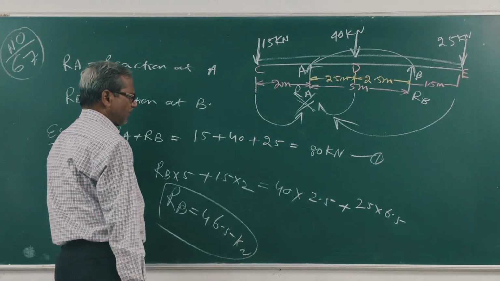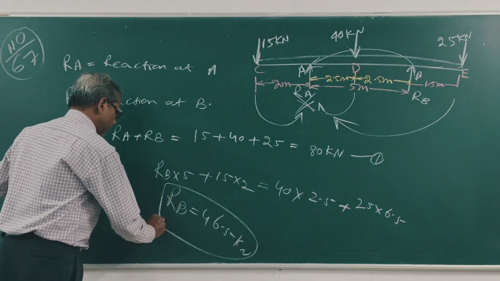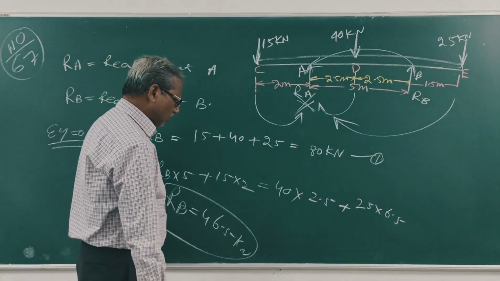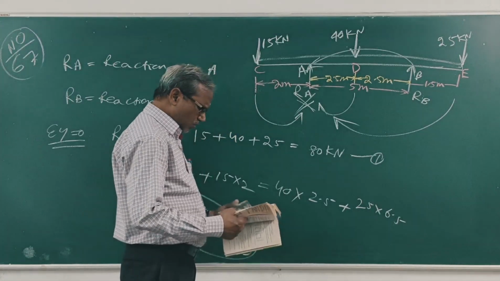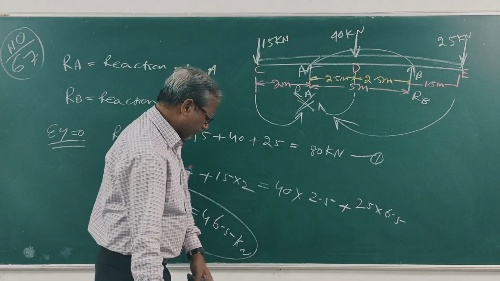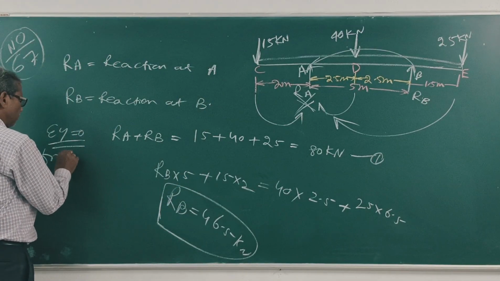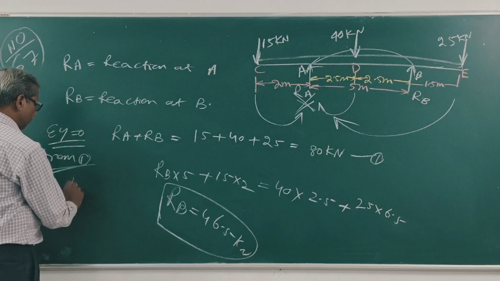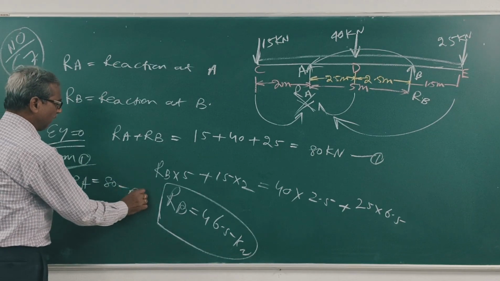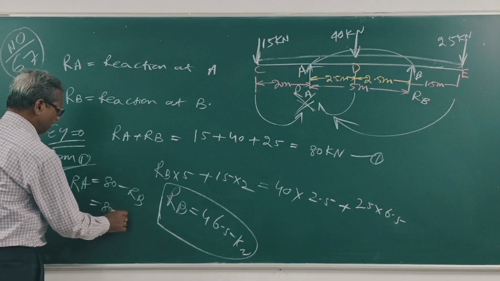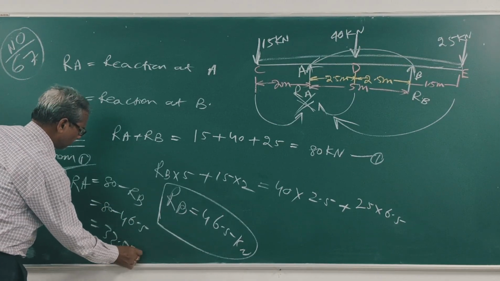Clear? Now from equation 1, RA is equal to 80 minus RB, which is 80 minus 46.5, so 33.5 kilonewton.